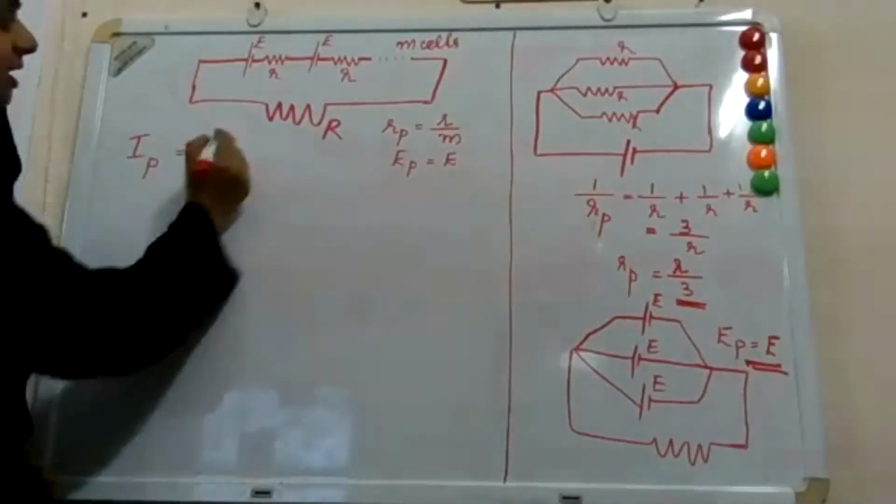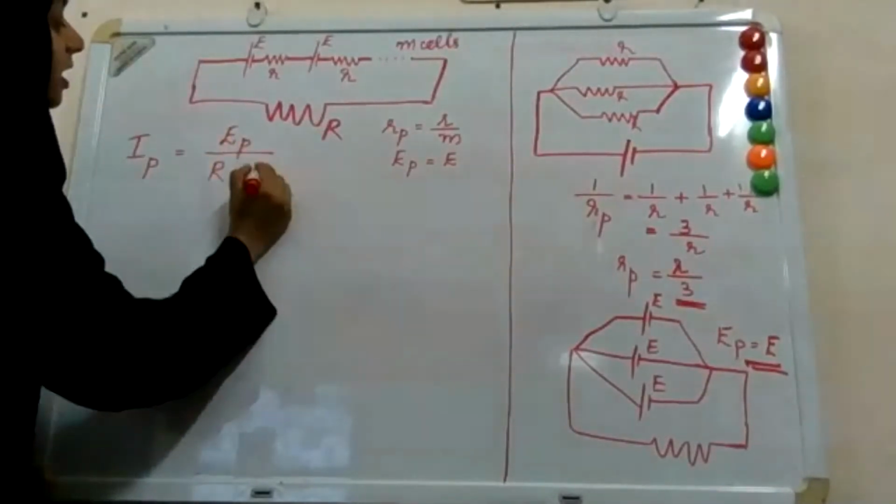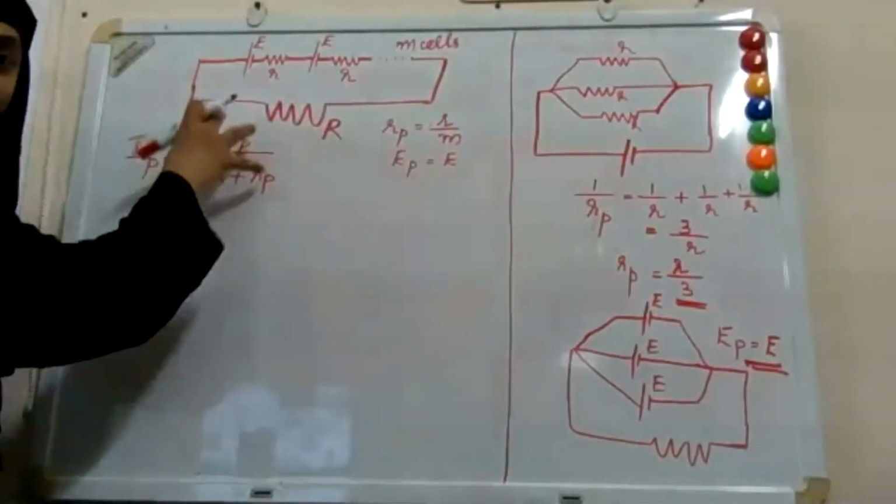So IP will be equal to EP divided by R plus RP. Now we are going to put these 2 values in this equation.